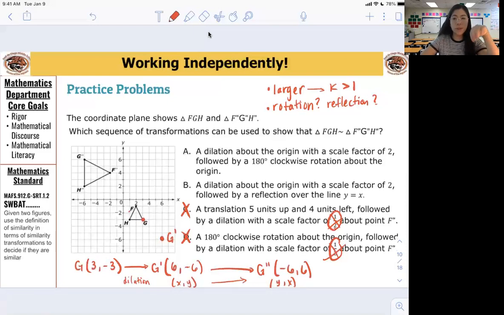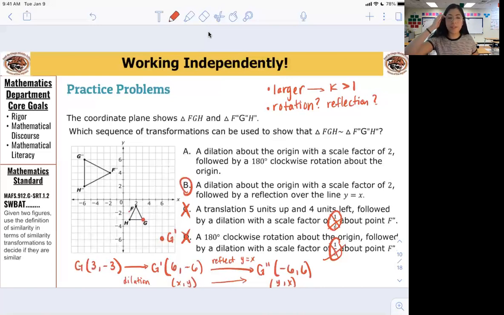That one is the rule for the reflection over y equals x. And if you memorize those rules and you noticed that, you would have known right away that it's actually answer choice B, not answer choice A. But this was a very tricky one because it's so similar. Those two types of transformations, they look very similar sometimes. Nobody picked this one. Everybody got it wrong.